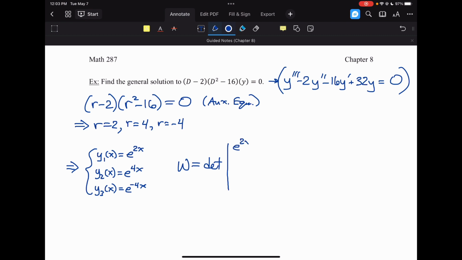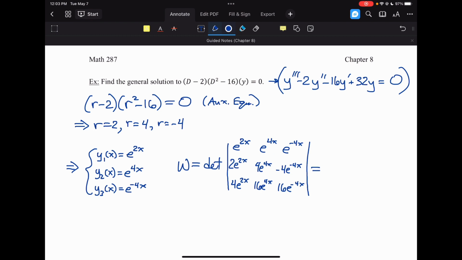So we're going to have e to the 2x, e to the 4x, e to the -4x, and then take derivatives down the columns. So 2e to the 2x, 4e to the 4x, -4e to the -4x. Then we get 4e to the 2x, 16e to the 4x, and 16e to the -4x.